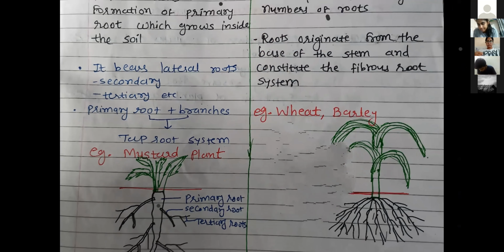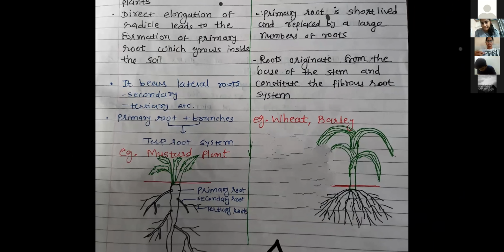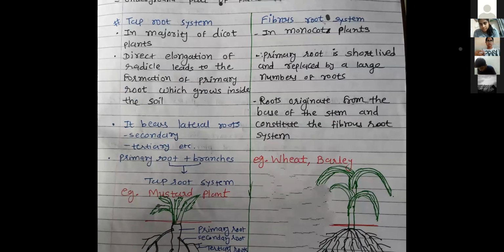Next, the fibrous root system. We will go through it one more time. In monocot plants, generally the primary root is short-lived, so it is replaced by a large number of roots that arise from the base of the stem, which constitute the fibrous root system. Examples of monocots: wheat, barley, jowar. Can you give me other examples?